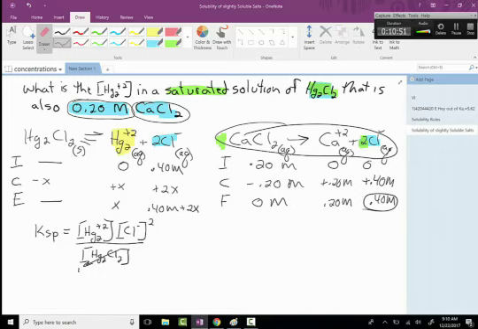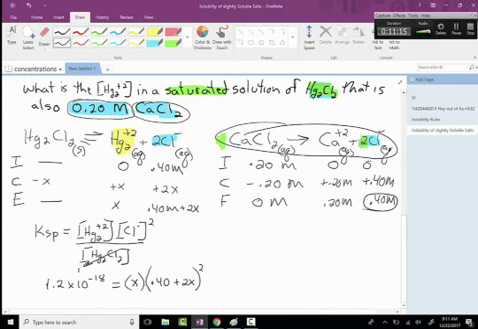The KSP for this is 1.2 times 10 to the minus 18th, and that equals x times the chloride concentration, 0.40 plus 2x, quantity squared.